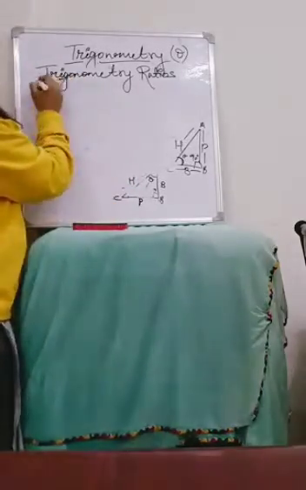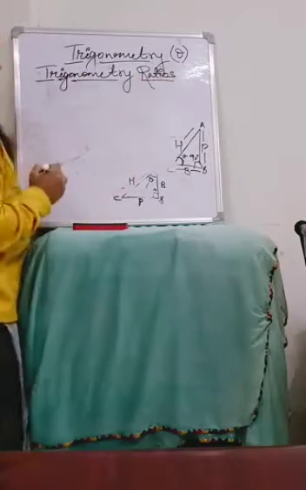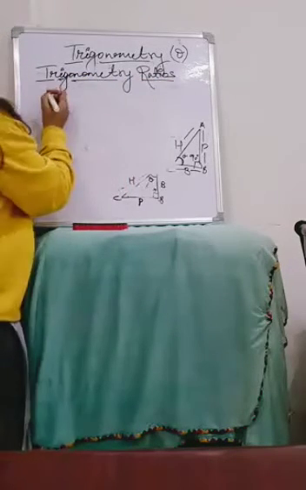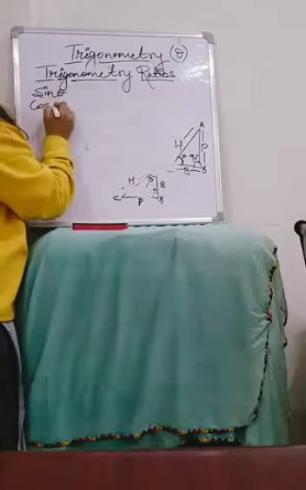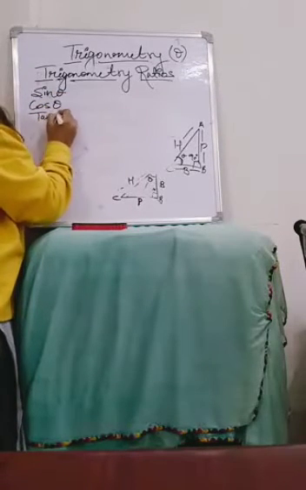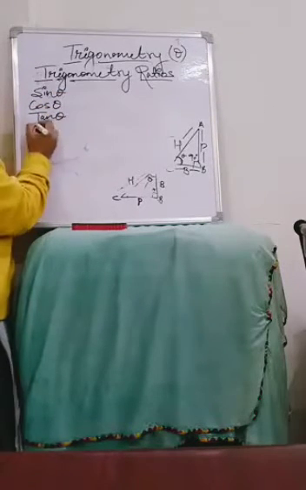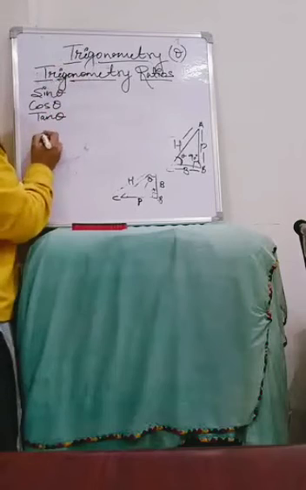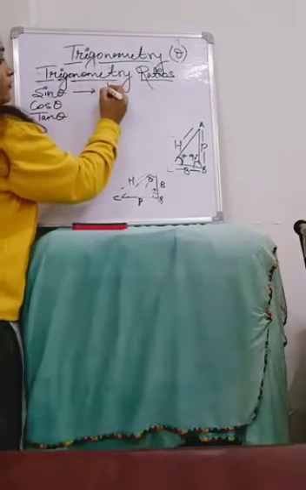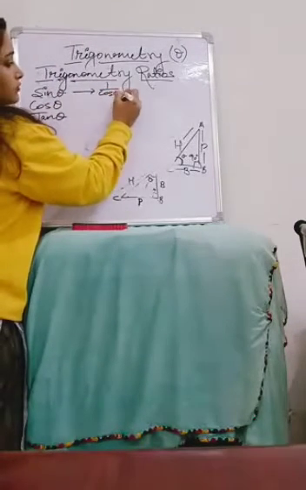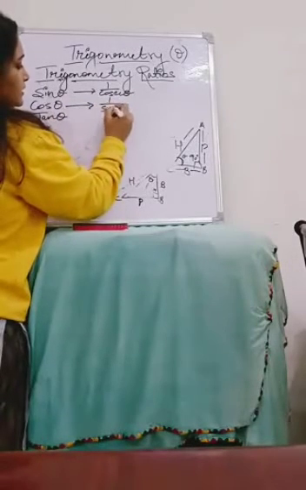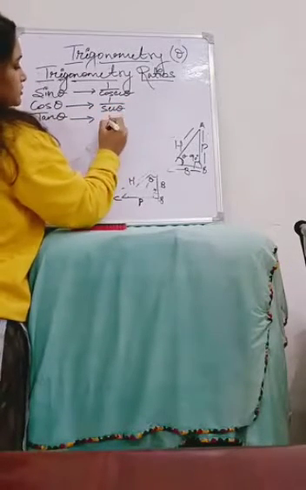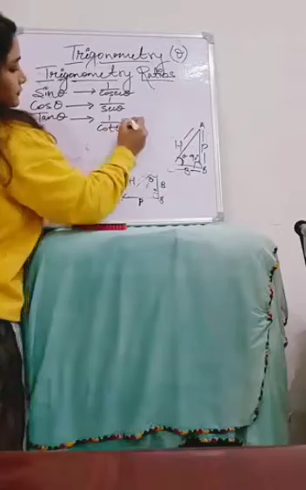The trigonometric ratios we are talking about are sin theta, cos theta and tan theta. The reciprocal of sin theta is 1 upon cosec theta, the reciprocal of cos theta is 1 upon sec theta, and the reciprocal of tan theta is 1 upon cot theta.